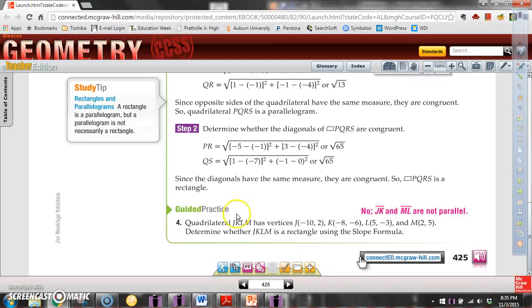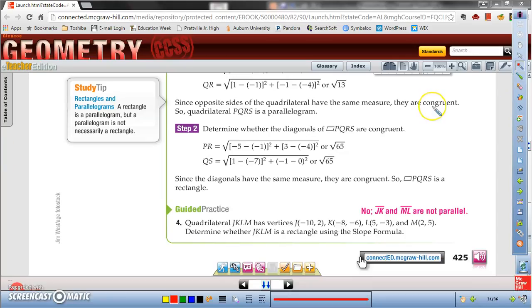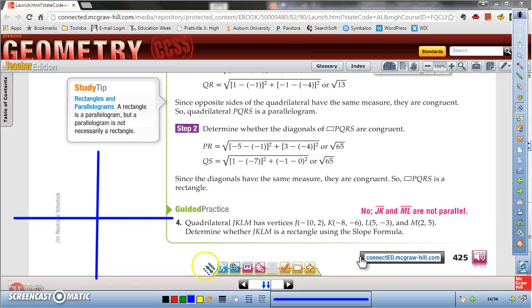So let's look at guided practice here together, and I'm going to show you how I want you to do your classwork and homework problems on this, because the directions say to graph, but I don't want you to actually go through and plot these points. I want you to do what we talked about yesterday and just make a sketch of what you have going on. So here's my coordinate plane, my x and y axis, and then I'm just going to go through and place these points approximately where they go.